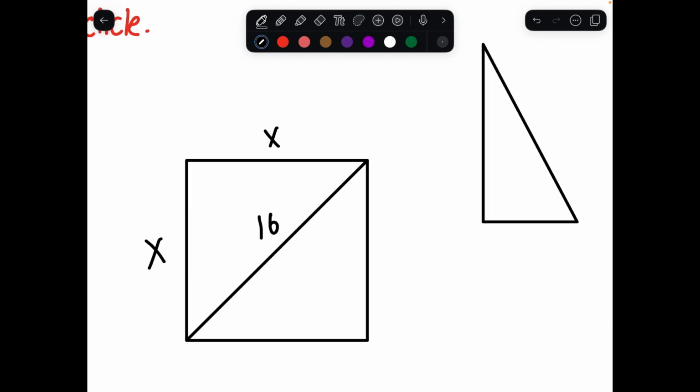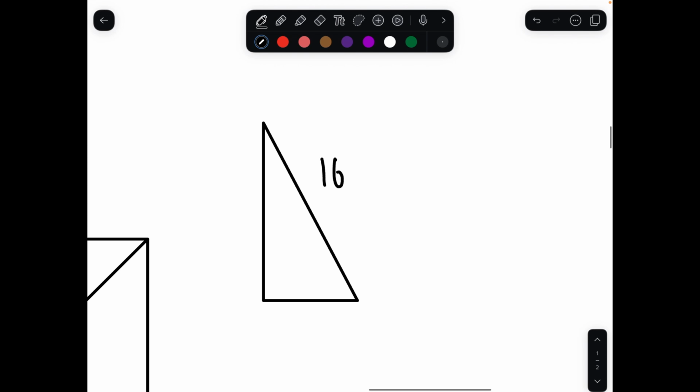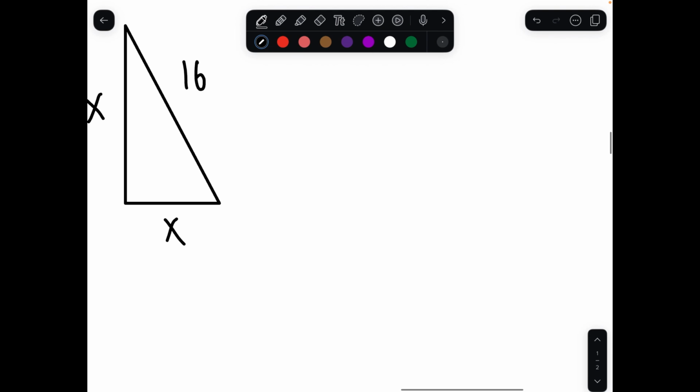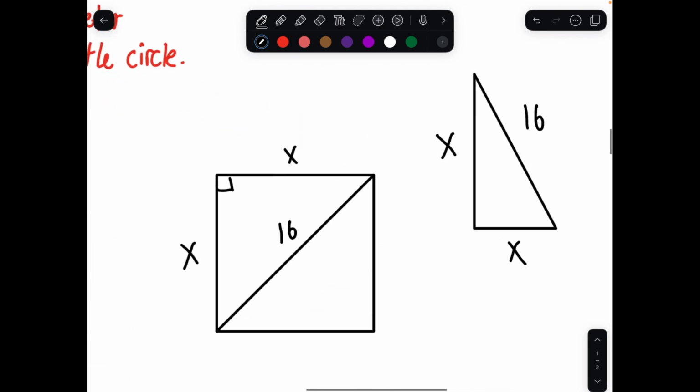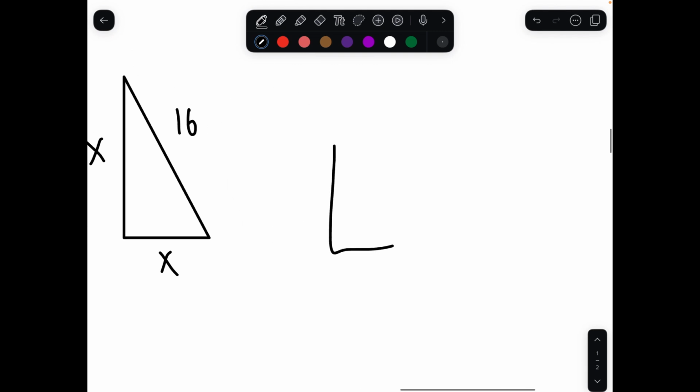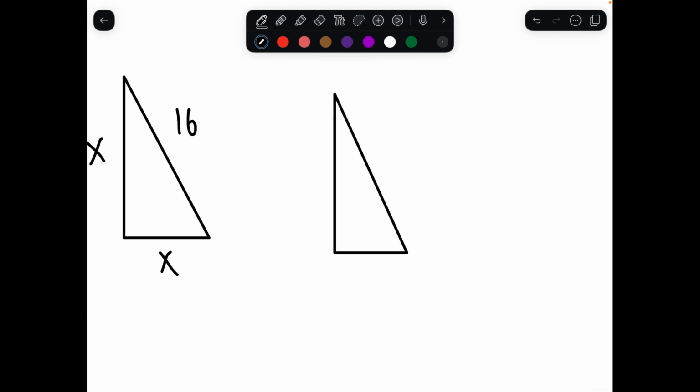Since this is a right triangle, we know the hypotenuse is 16. X and x. We're just trying to figure out what the sides are, right? Each side is equal, and the identity is in a 45, 45, 90 triangle, x, x, and this is x root 2. This side is x root 2.